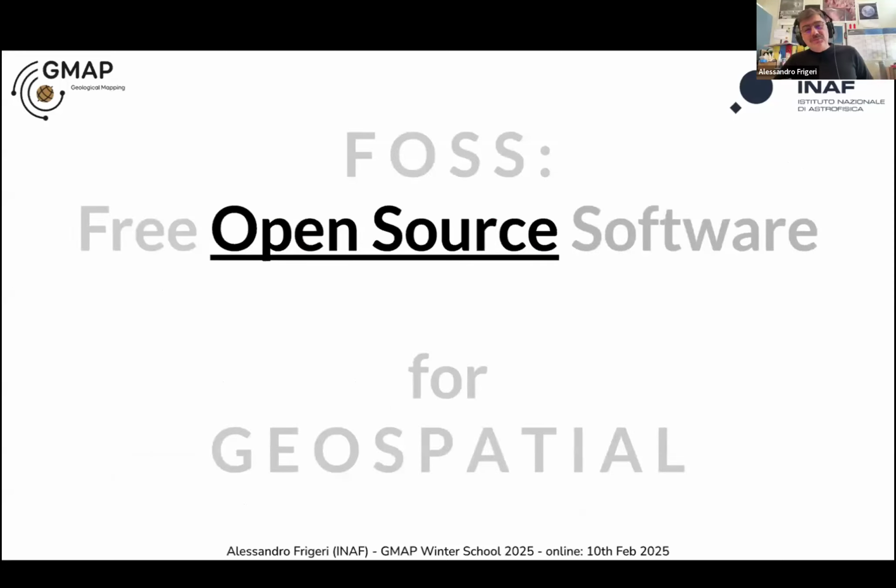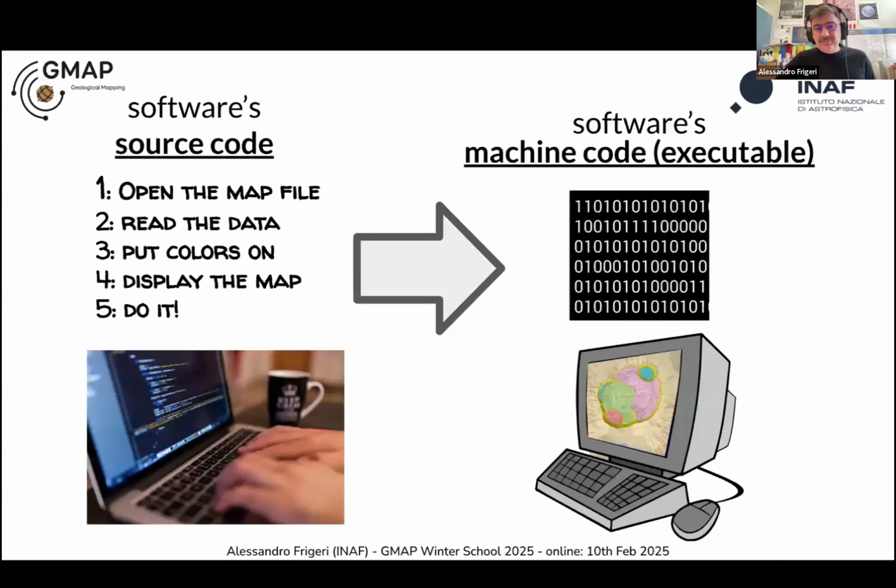Let's go. Open source. What is this open source for? Well, in this case, we have to understand what the source code is, or how this software works. So to make a machine, in this case a computer, work, we need to program it. And to program it, there are the so-called programming languages, which are like the languages we use to speak to each other.